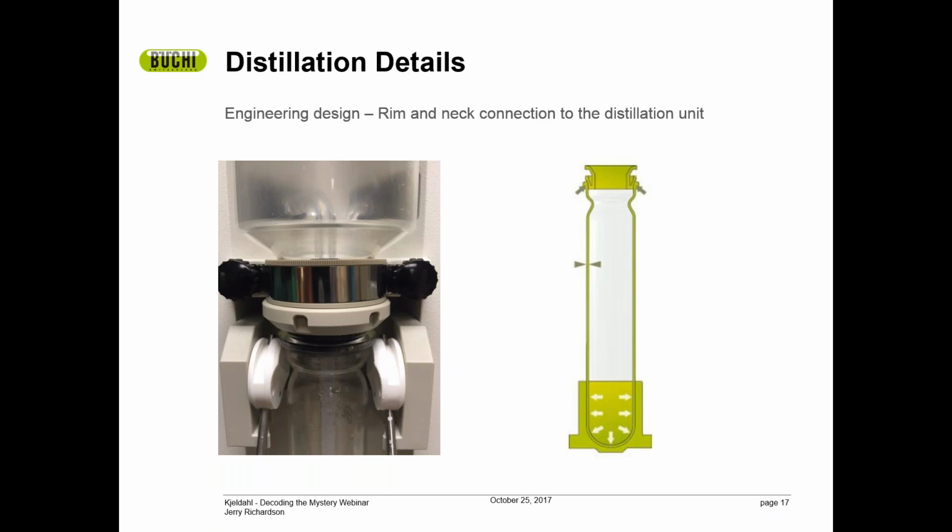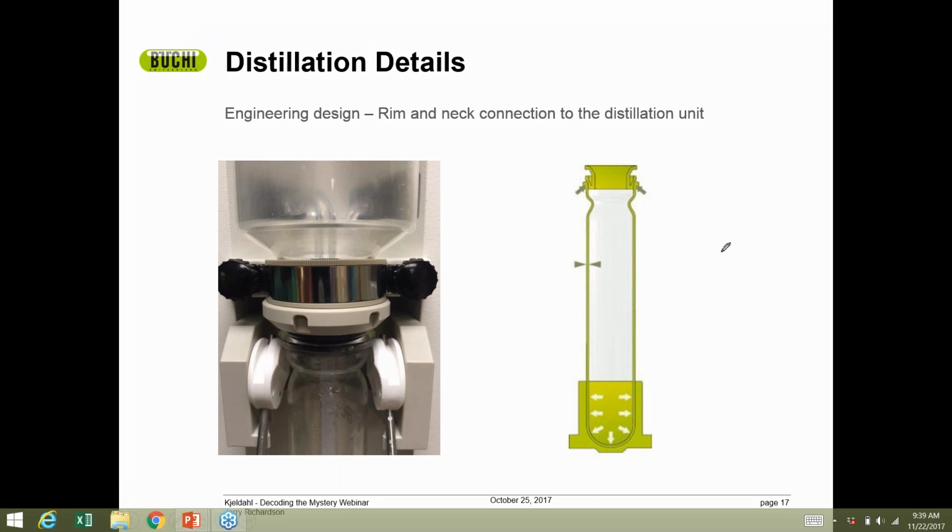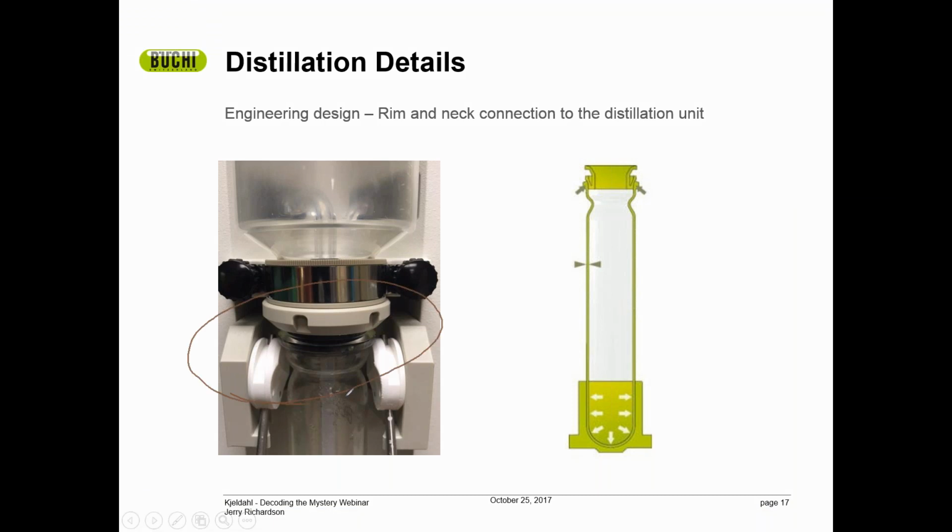Okay, so in the distillation details, one of the things we also want to cover is making sure that we have this neck, and the shape of the glass does come into play. Again, we're looking specifically at this range as you see here. If you notice, we have a little black adapter, basically a rubber bung, and the taper in the glass helps to build and develop a better seal.